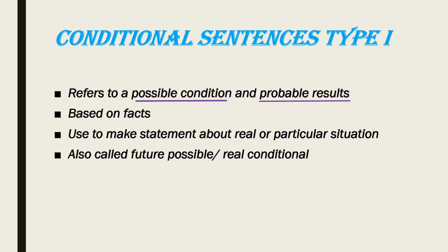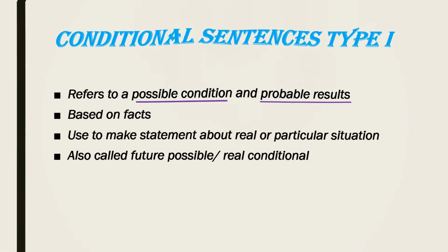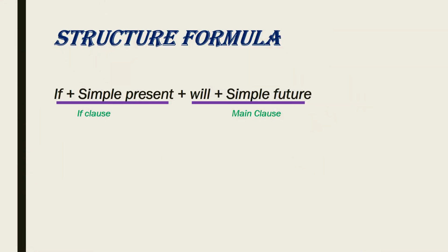Type 1 is a type of conditional sentence we use in a possible condition, in a real condition. So if something can be done, we use type 1. Its structural formula is: if plus simple present, plus will plus simple future.